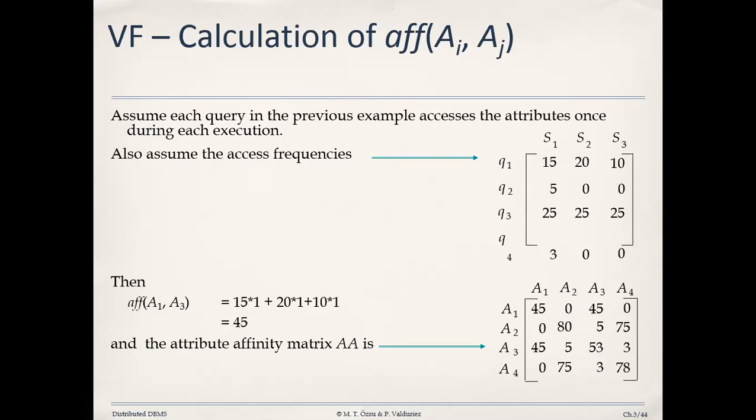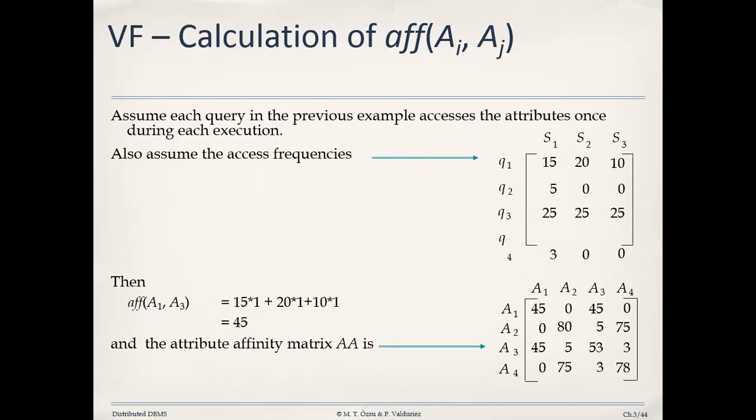To calculate the affinities, you have to write down the same attributes on the column side and on the row side. In this example we have 4 attributes, so you can see on the top of the matrix the columns A1, A2, A3 and A4, and the rows are again A1, A2, A3 and A4.